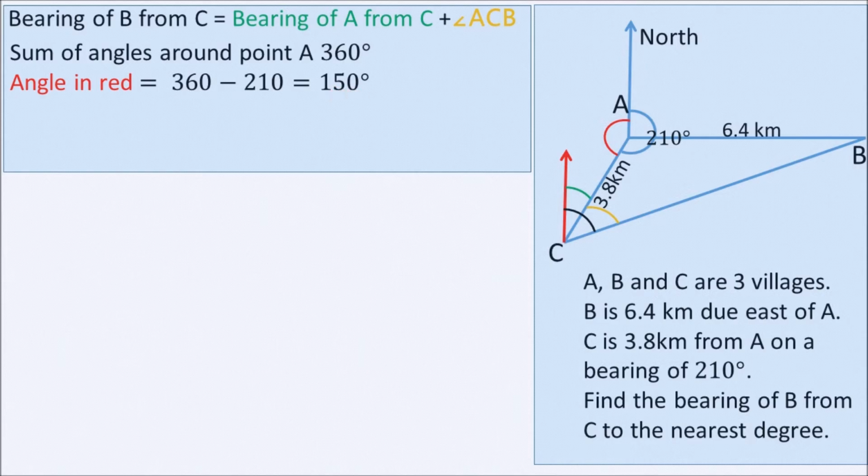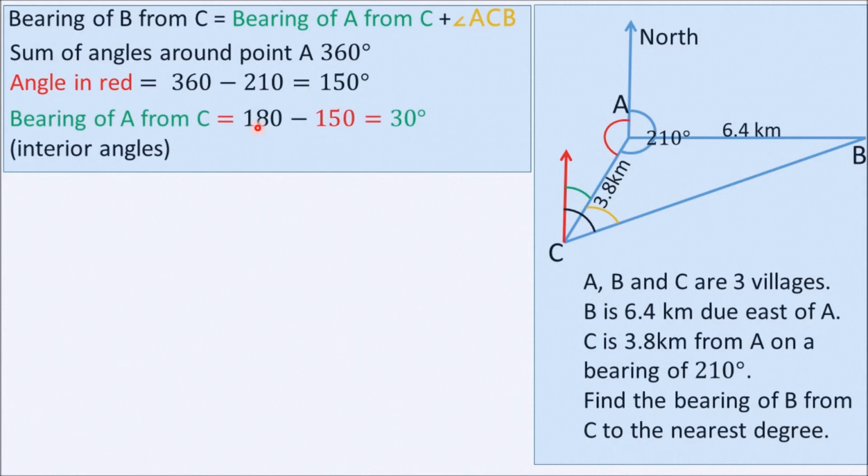From this information, it can be quite simple to get the bearing of A from C, marked in green, as it is equal to 180 degrees minus the angle in red, since the angles in green and red are called interior angles, and thus this angle in green would be equal to 180 minus 150, which is equal to 30 degrees. Now we'll start looking at the value of angle ACB.